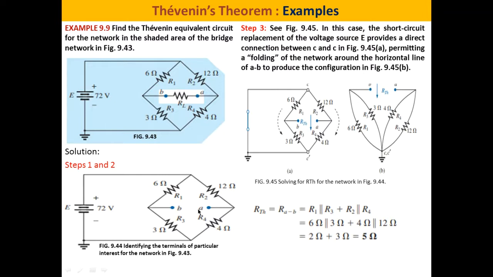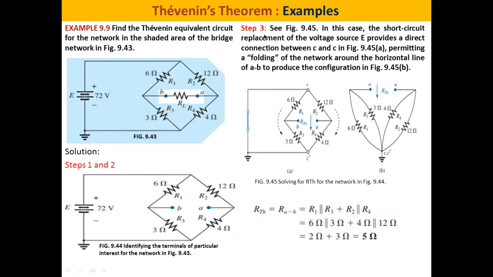So step number 1 is to remove RL. Done. Step number 2 is to label the two terminals, A and B, already done. We have removed RL and we have labeled the two terminals.